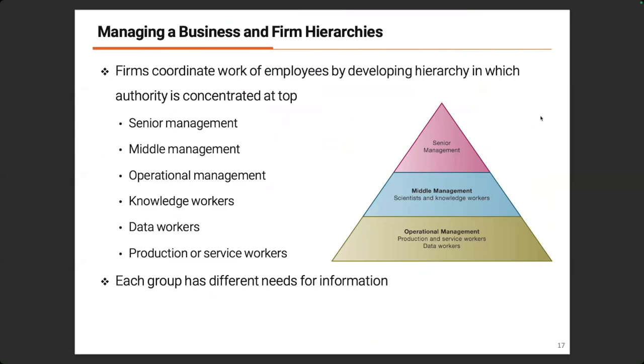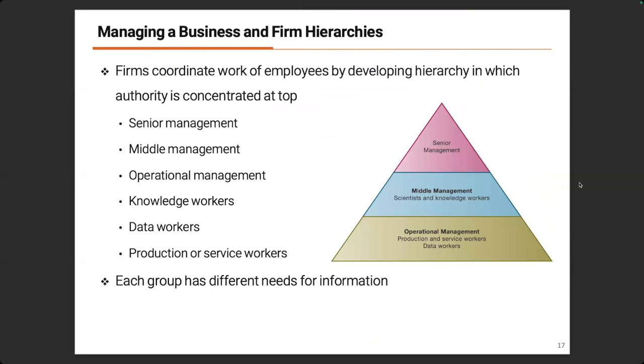Firms coordinate the work of employees by developing a hierarchy in which authority is concentrated. Authority and responsibility are also concentrated at the top. There are many management levels and employee worker levels.